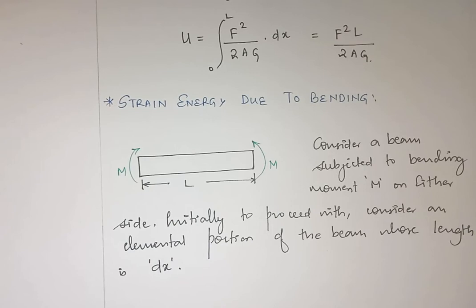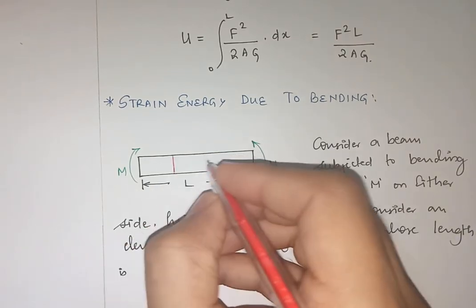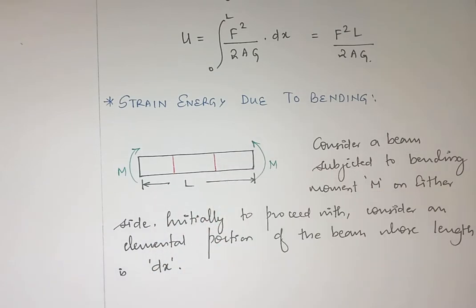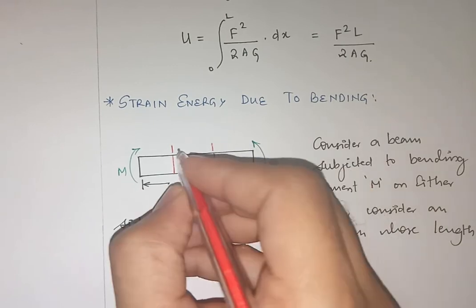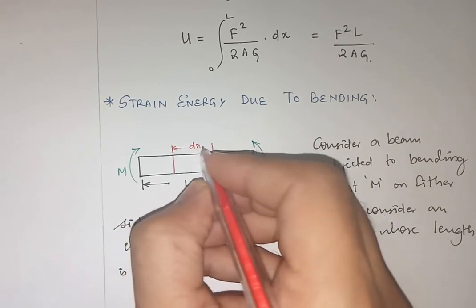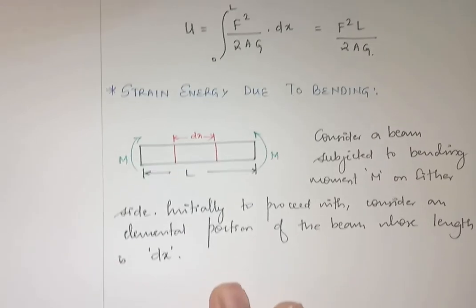Right, so let me say I have considered this much distance, right, and this distance is dx. So I'll just take this part out and I'll just redraw here. So I'll write here as element diagram.